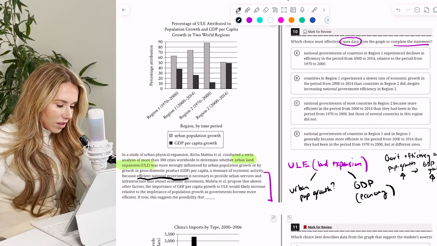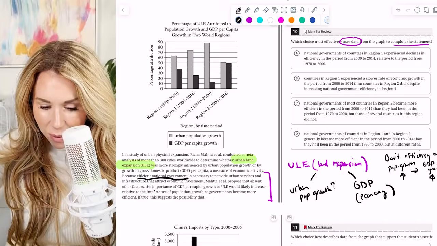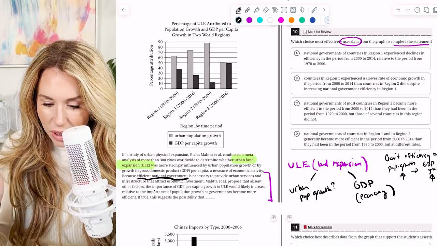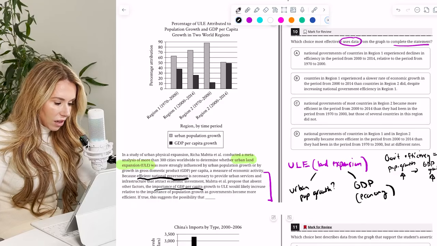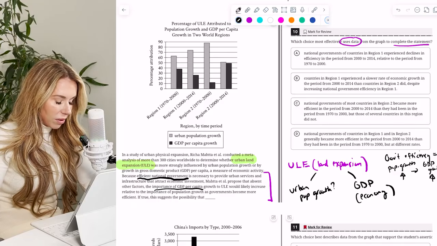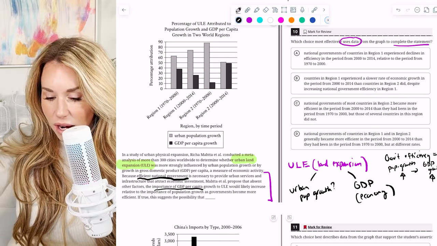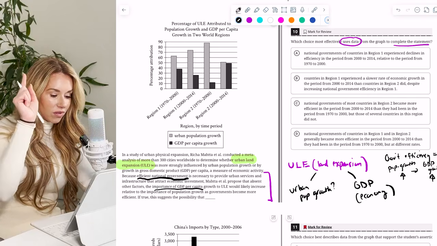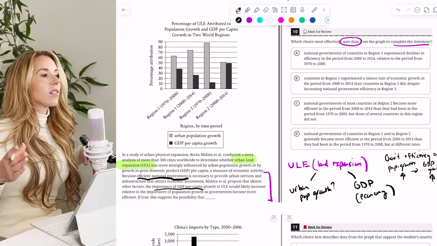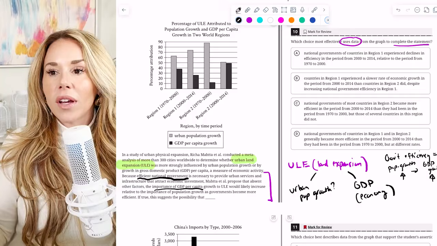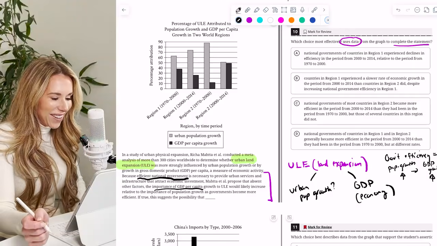So if true, this suggests a possibility that, okay, so one more time, we've got absent other factors, the importance of GDP per capita growth to ULE would likely increase relative to the importance of population growth. So as importance of population growth goes up for ULE, so does the importance of GDP per capita as governments become more efficient. So basically, they're both going to go up as the governments become more efficient. So let's see what we've got going on here.